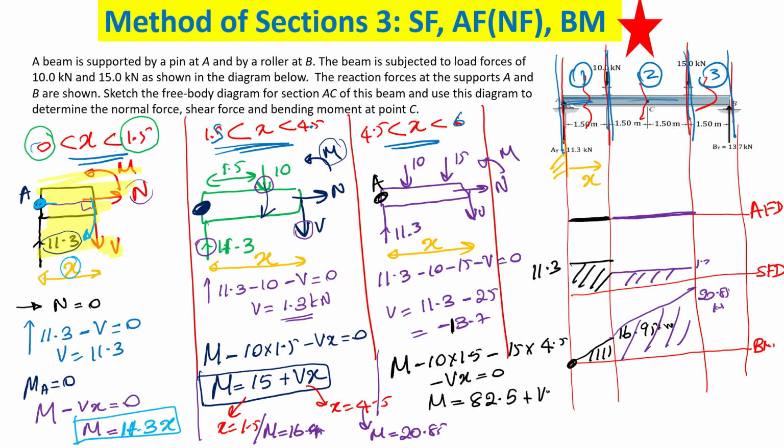So Vx is negative. So M is equal to 82.5 minus 13.7x. Okay. So this is your equation, and you put the boundary conditions. When you put 4.5, it is 20.85. Am I right? And when you put 6, it is 0. So your bending moment diagram is going like this.